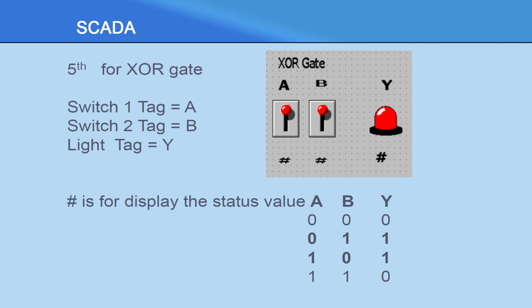And when the inputs are different, meaning 0 1 or 1 0, then only the output will be high. Means when the inputs are different from each other, or the opposite of each other, then only you will get the high output, and when both the inputs are the same, A 0, B 0 or A 1, B 1, output will be 0. So how can we write this in script form?